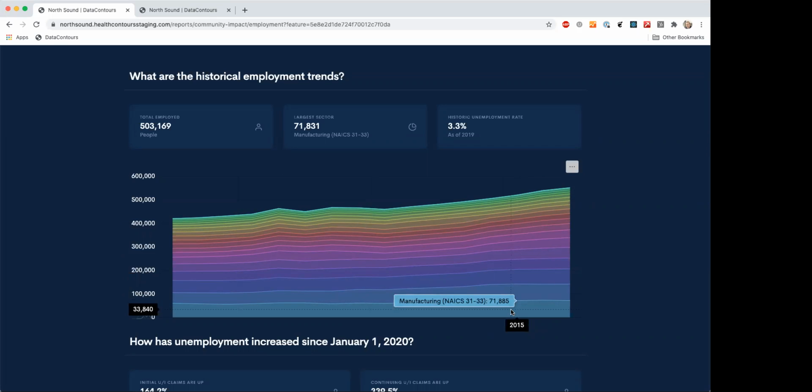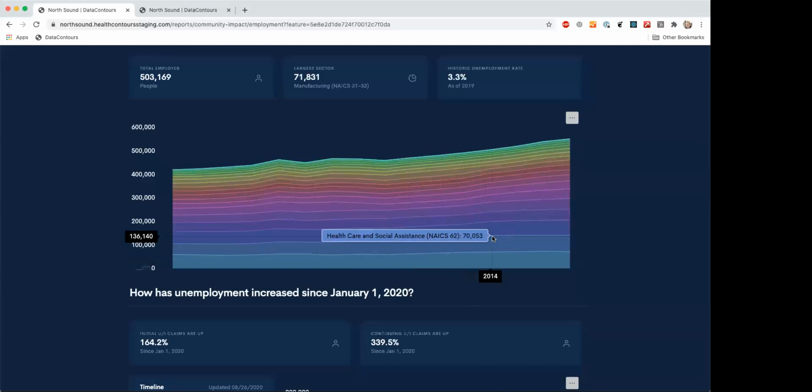The largest employer is manufacturing, with about 70,000 people. The historic unemployment rate estimated for the North Sound as a region would be 3.3%, so quite low. This is as of 2019. And then the total employed population is about 500,000.